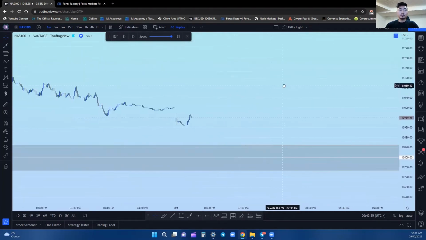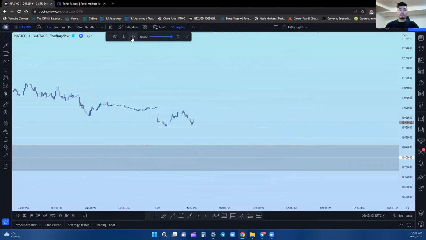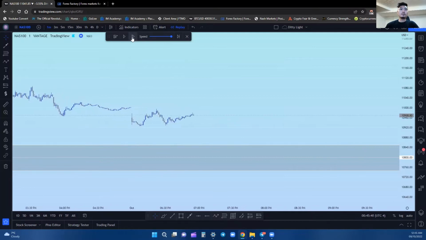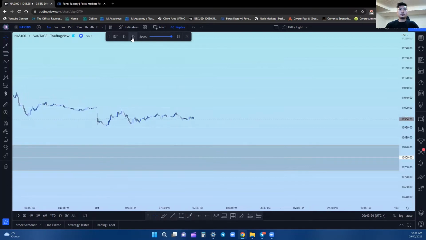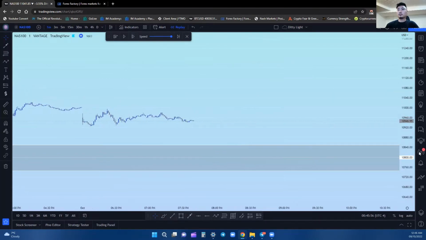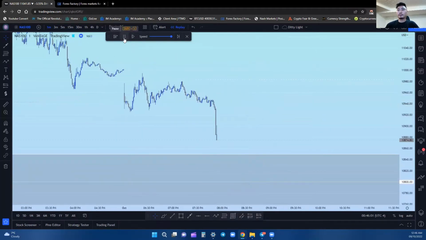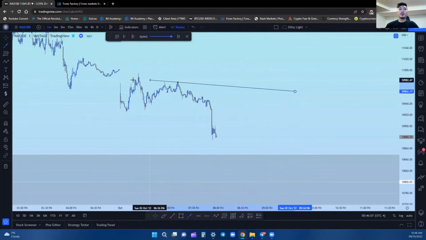So market open Sunday. Okay, so boom. As you can see here, buyers struggle to really push the price higher, right?